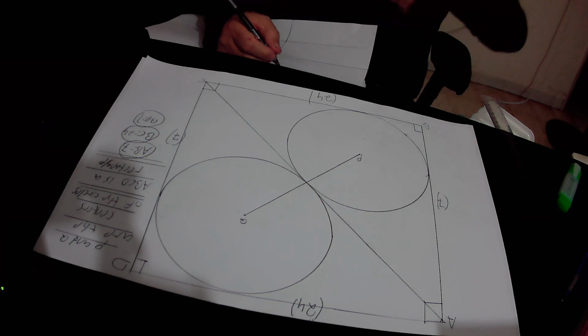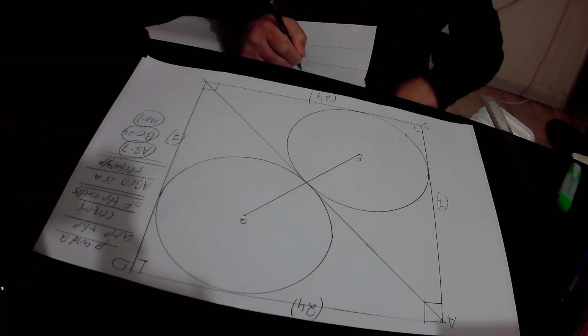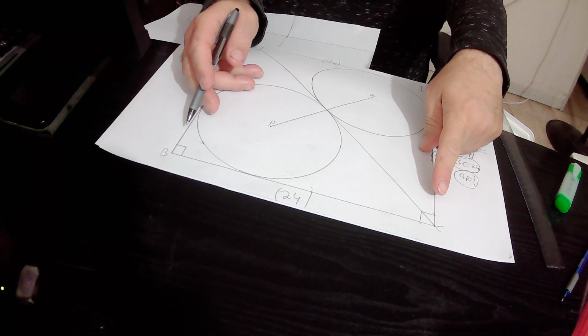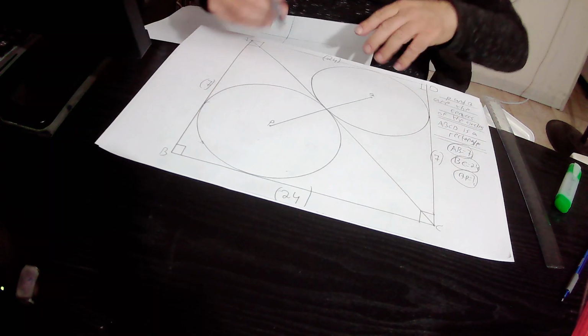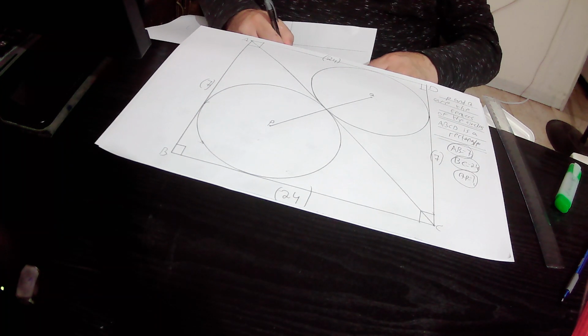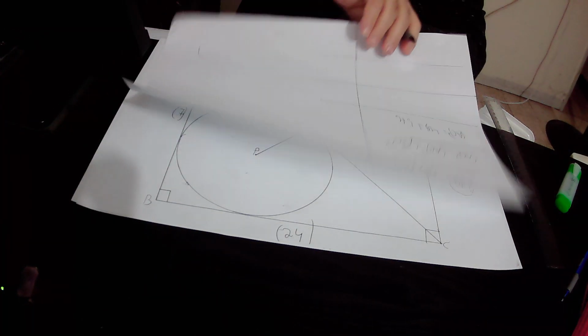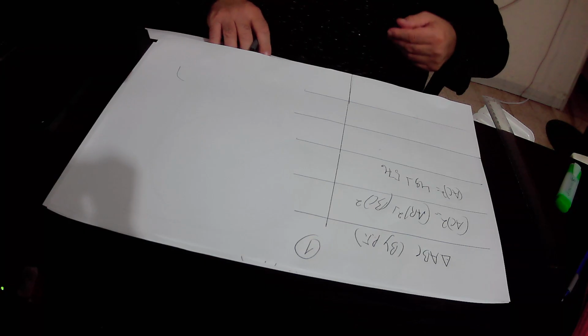AB is 7, therefore AB squared is 7 squared, that is 49, plus BC squared. BC equals 24 units in its length, therefore BC squared is 24 squared, that is 576. So we find that AC squared equals 49 plus 576.